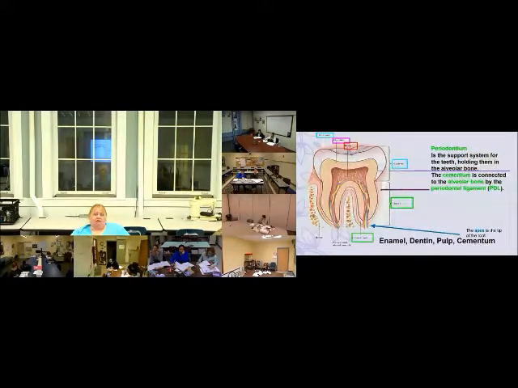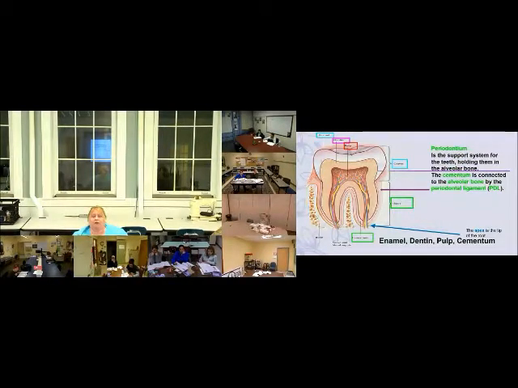So here are our 4 layers. We have enamel, dentin, pulp, and cementum. And then we have the crown and the root. Enamel covers the crown. Notice the color coding. Dentin is throughout the whole tooth, crown and root. Follow that yellow layer all the way through to the crown and the root.